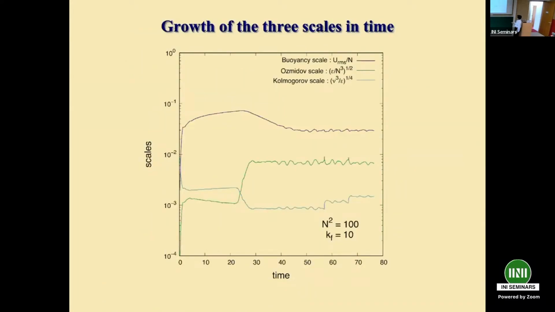The buoyancy scale is always the largest scale and stays slightly oscillating. But for Ozmidov and Kolmogorov, at first at t equals 0, the Kolmogorov scale is larger than the Ozmidov scale. But at a certain time, it flipped. Flipped means we see the transition of the energy spectrum clearly after a certain time. Otherwise, it's a kind of mixed transition.